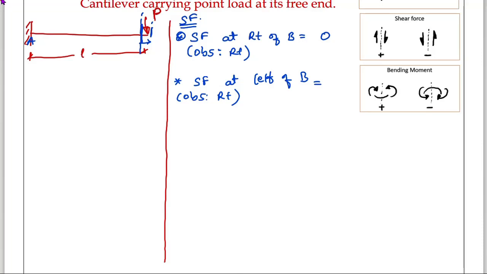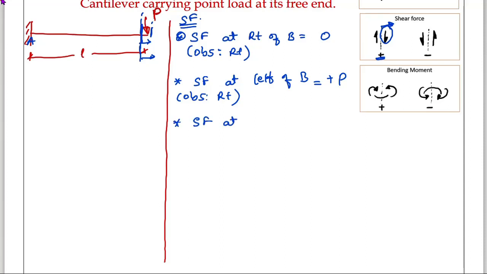What are you seeing? You are seeing one vertical force. That vertical force name is P. What is the direction of that one? Right side means this is the right side. On the right side, a downward force indicates a positive value. Therefore, this is a positive P.